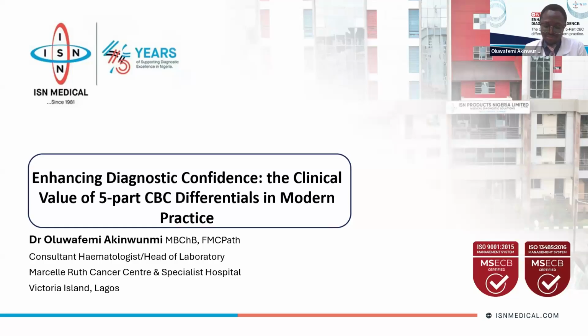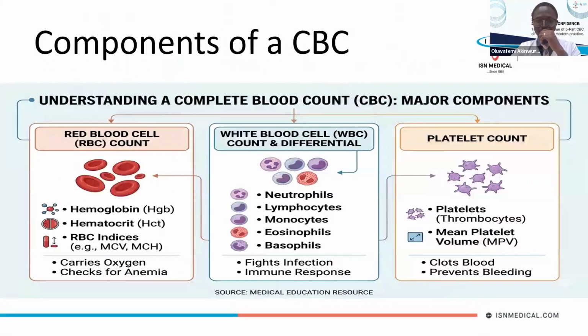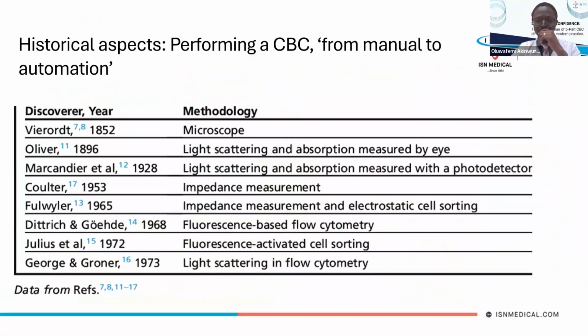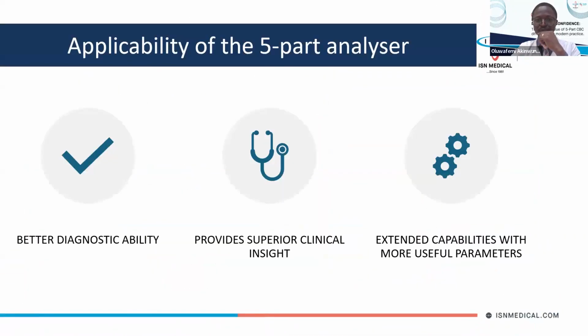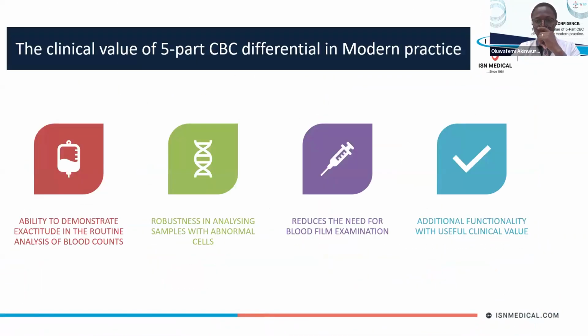Yes, I do. So when I was talking about the 5 parts analyzer, especially the clinical benefits, let me just quickly go down. If you look at the last value, additional functionality with useful clinical value.